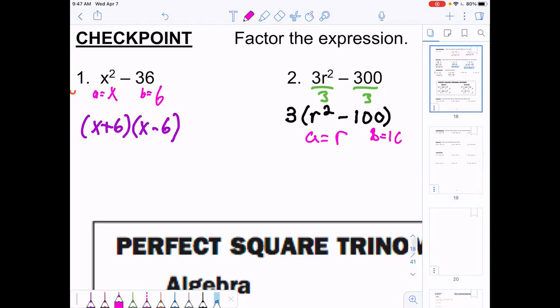Good. So now you just write 1 positive, 1 negative. R plus 10, R minus 10. And what can you not forget? Yeah, you want to make sure you bring down that 3.